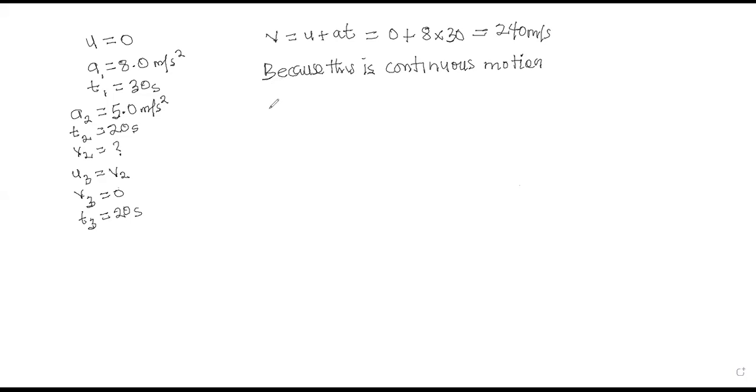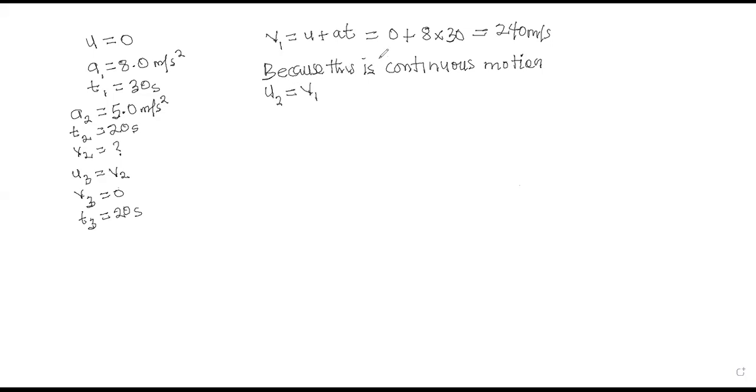Because this is a continuous journey, the final velocity of the first part is equal to the initial velocity of the second part. So U2 is equal to V1.